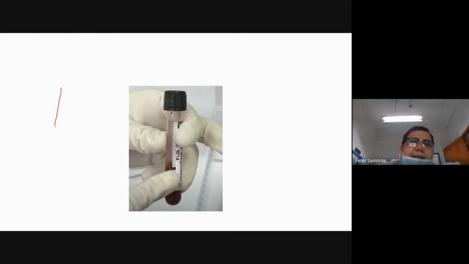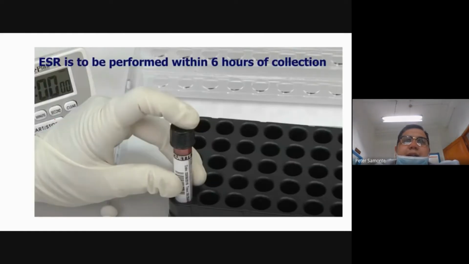So remember class, in any tube, you must remember to always follow the marking. Kung saan nyo nakita yung marking, hanggang dun lang yung amount of blood na ilalagay nyo. Do not go beyond, do not go over it. Then, ESR should be performed within 6 hours after collection. So let's say kinulekta mo ng 7 a.m., you have to process it before 1 p.m.